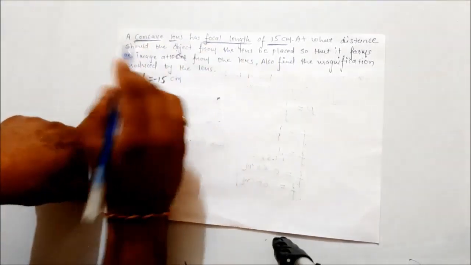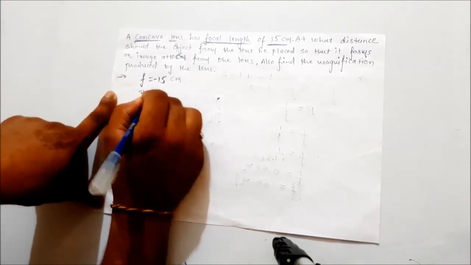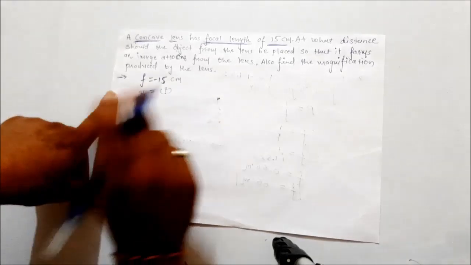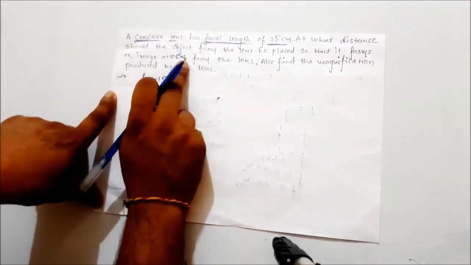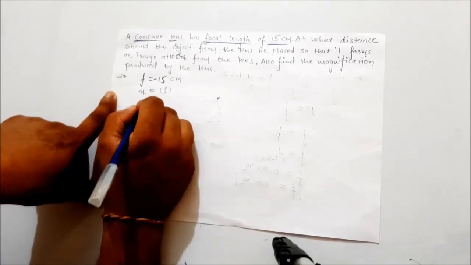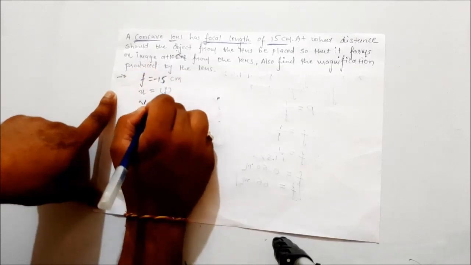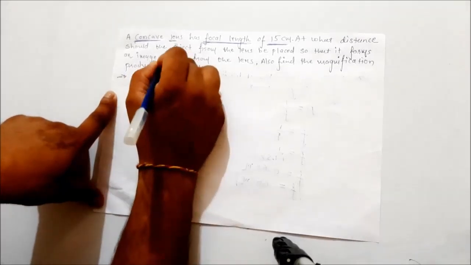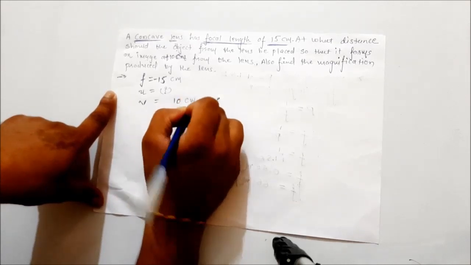Okay, at what distance should the object from the lens be placed? We don't know the object distance, we don't have the value of u, so it forms an image at positive 10 centimeter. So we have the image at 10 centimeter.